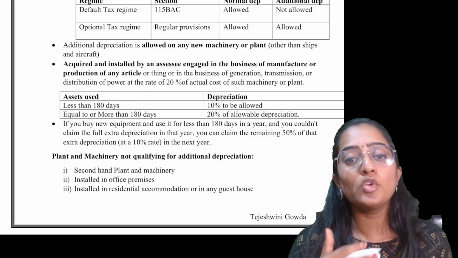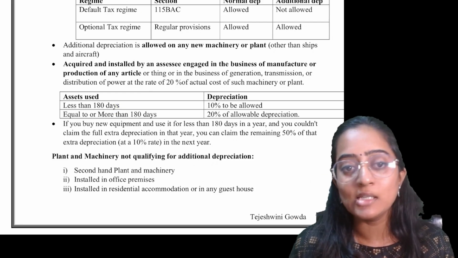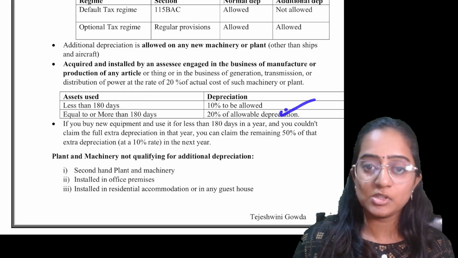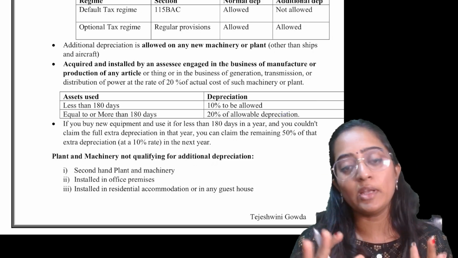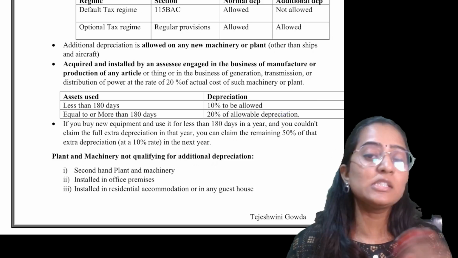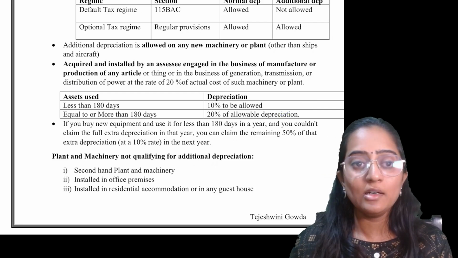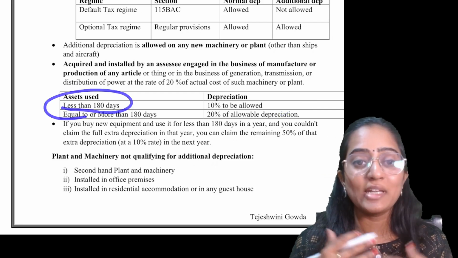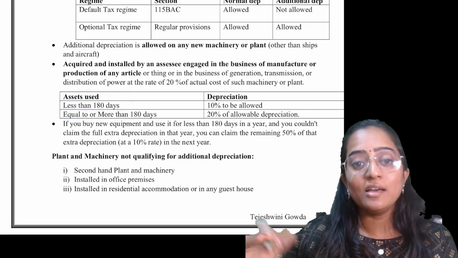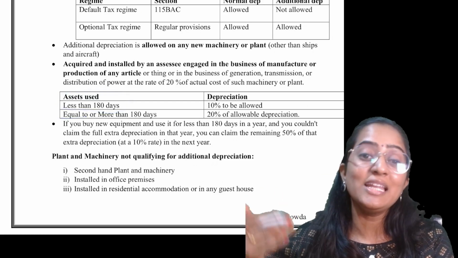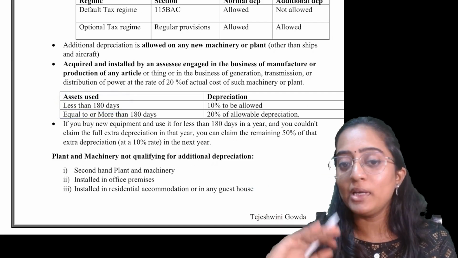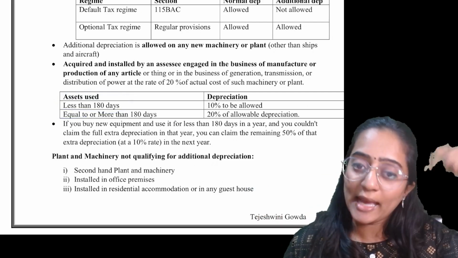If it is used for a period equal to or more than 180 days, then 20% of the depreciation which is allowable would be considered. Suppose you consider this year less than 180 days as 10%, you will take additional depreciation. Next year, the remaining 10% can be taken in the next year. And that too, remember, it will not be on the WDV, it will be on the actual cost of the asset.